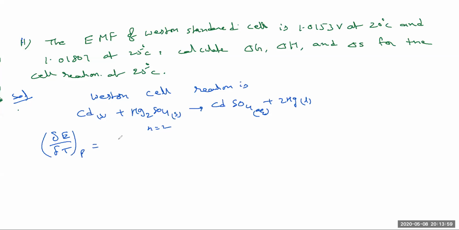Write the potential difference: 1.01807 minus 1.01530 divided by 298 minus 293, the temperature difference.